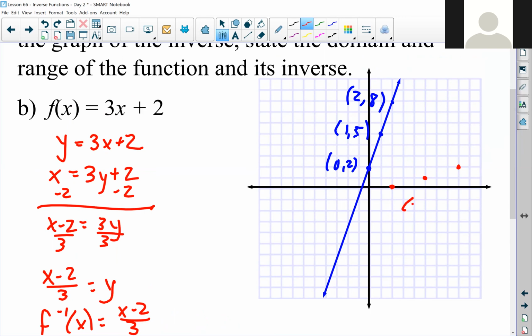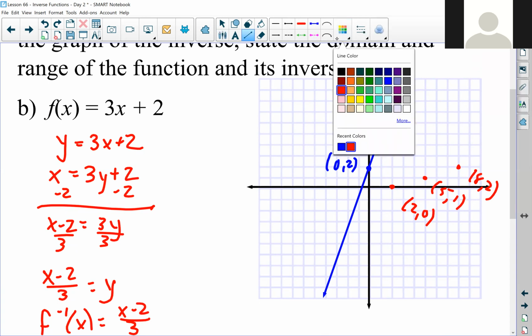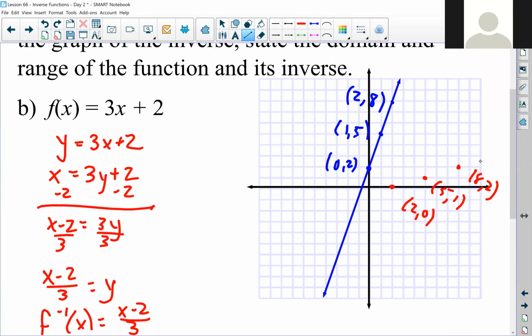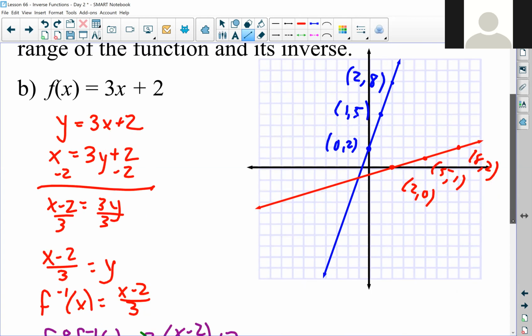You don't have to do this in the homework, but all I'm doing is I'm switching the X and Y coordinates. And those lines extend obviously forever. I hope that's obvious anyway.